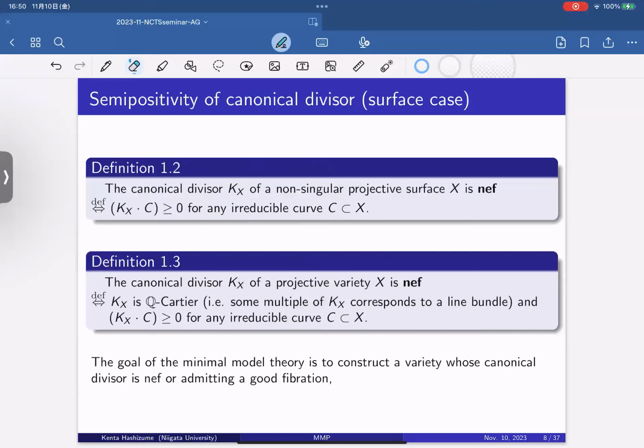Okay, we can define the notion of nef divisor. The canonical divisor is nef if and only if the intersection number of Kx with any curve is non-negative. The notion of nef divisor can be generalized to the Q-Cartier divisor of higher dimensional varieties.